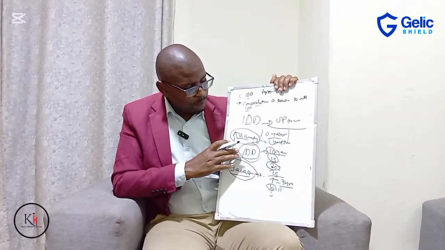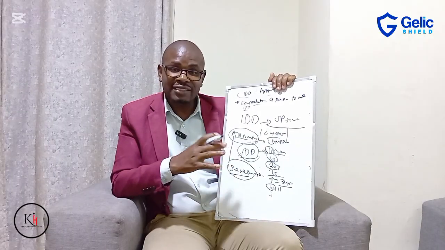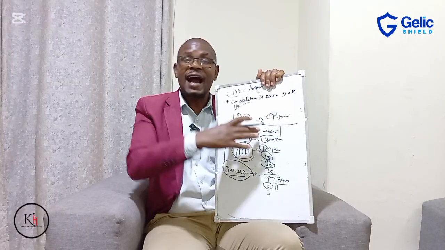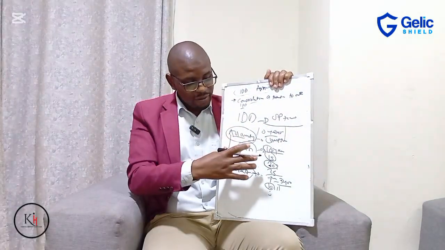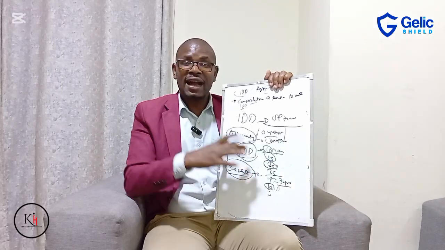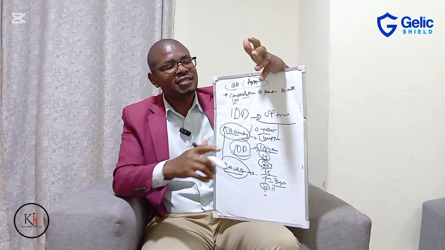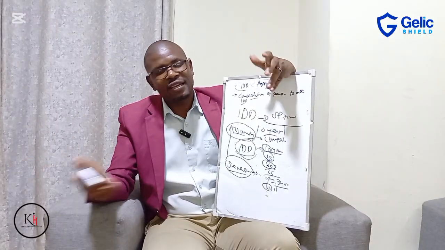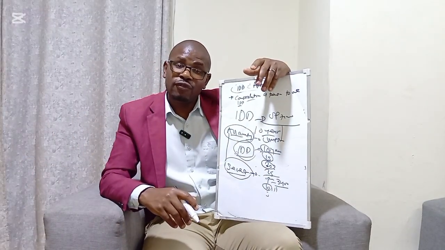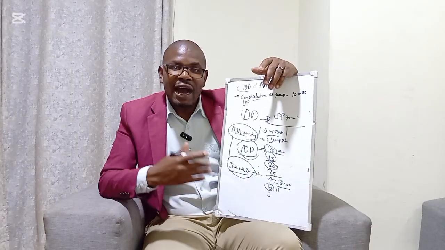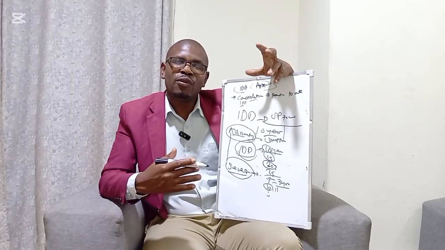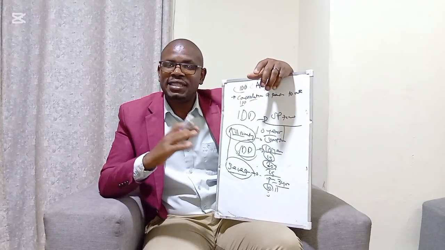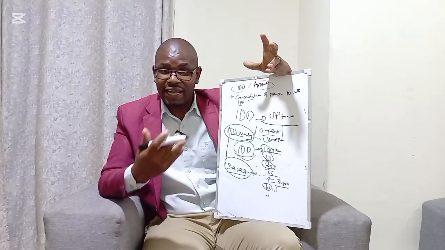So I hope that answers why sometimes you find that IDD gives you a higher benefit or payout compared to an annuity. There are a number of factors. Number 1 is the term you have chosen. How long would your beneficiary benefit? Number 2 is on the question of escalation, or to what extent you want your annuity to be increasing per year.